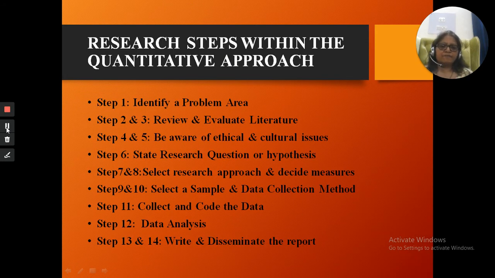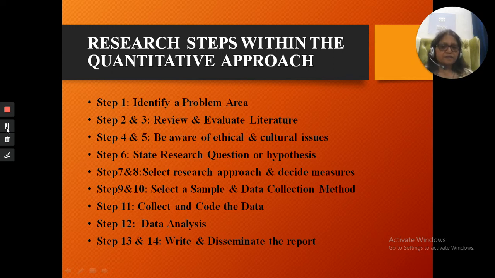Now, what are the steps which we follow in quantitative research? Step one is we identify a problem area. Then we try to review the already done researches in that problem area. Then we evaluate the literature. Then we become clear about what research questions we can raise for this particular problem area, and those questions help us to frame the hypothesis.